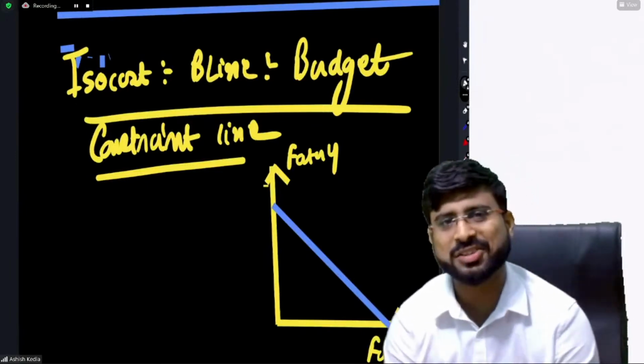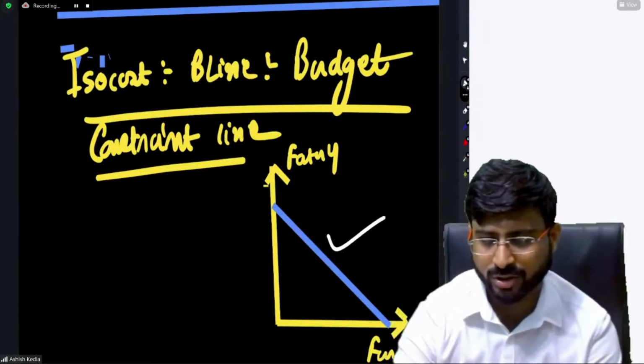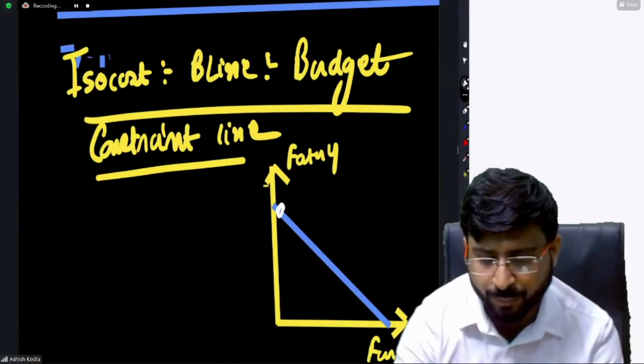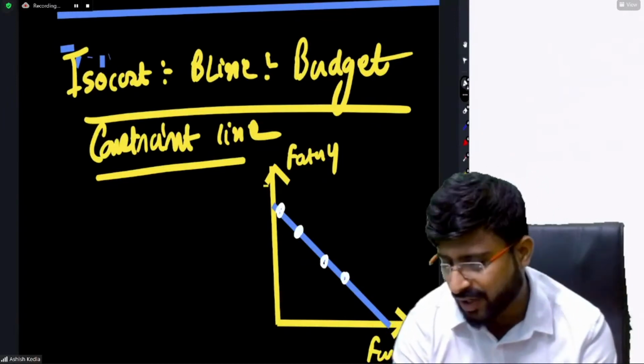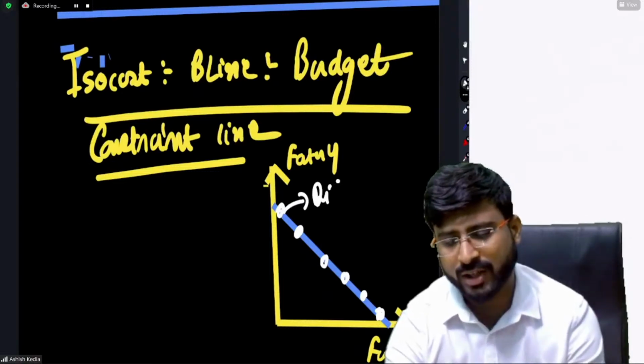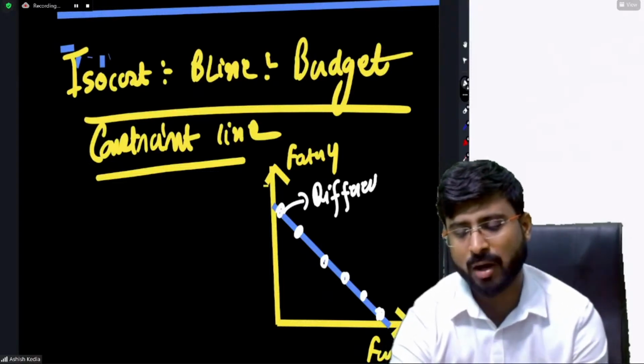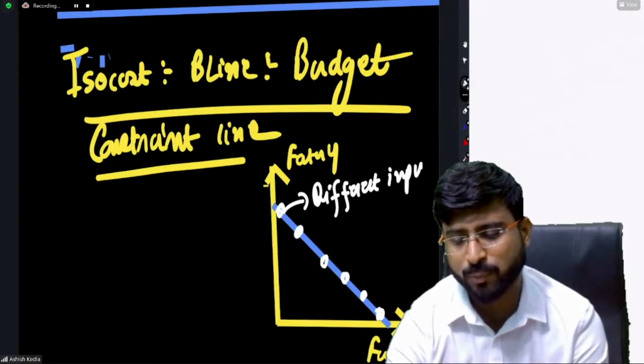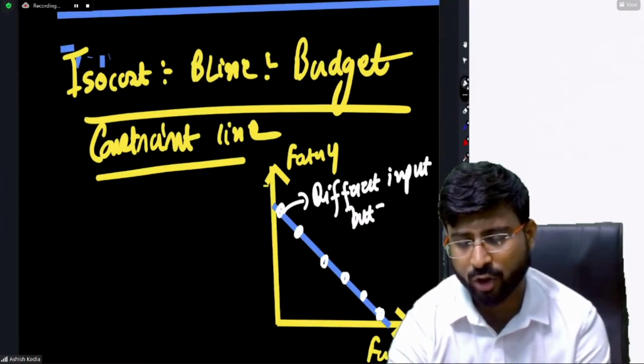You see, it is looking the same. This is your isocost line. Here, all the combinations have different inputs but the same cost.